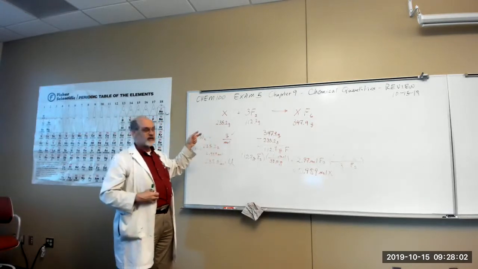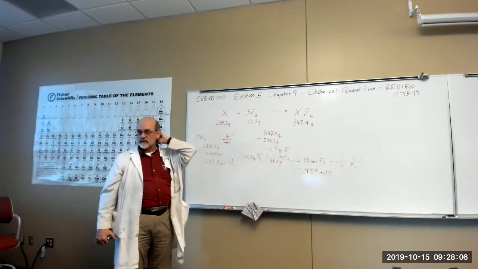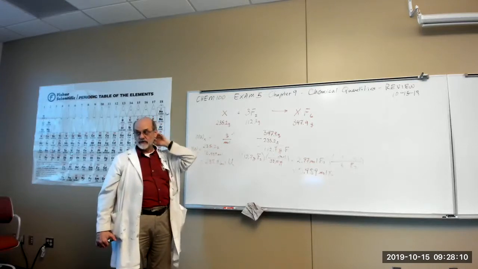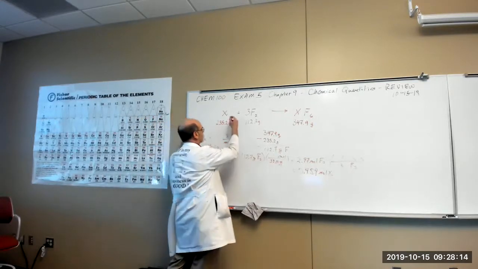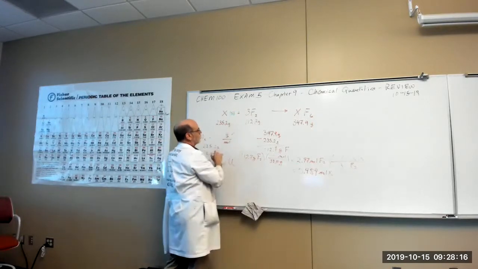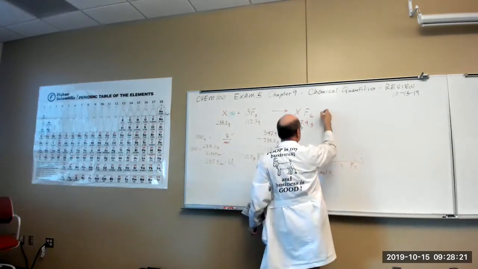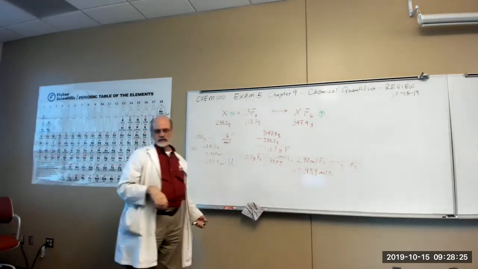And this is a real process. When uranium is separated into fissionable and non-fissionable fractions, they convert the metal into the fluoride, which makes it a gas. Then nowadays they use ultracentrifuges.